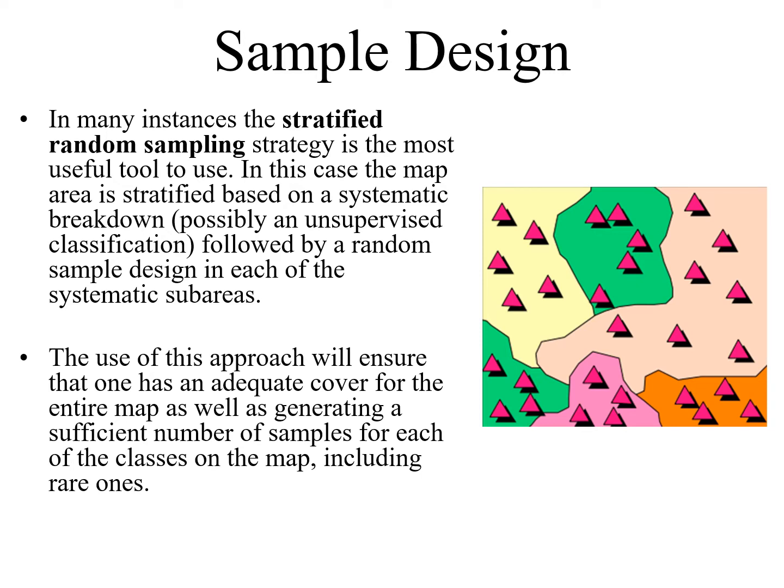systematic subareas. So the use of this approach ensures that you have adequate cover for the entire map, as well as generating a sufficient number of samples for each of the classes on the map, including rare ones. So to go back to an earlier example, if you had 5% wetlands on the landscape, presumably you would pull out those wetlands using an unsupervised classification, and then you could assign a certain number of points to those wetland areas.